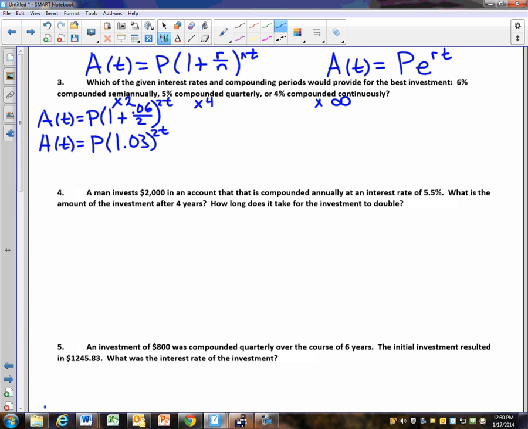Let's write an equation for the second one. The amount at time t is equal to the principal times 1 plus the rate, 0.055 divided by 4, raised to the 4t. Oh, I'm sorry, I'm doing the next problem's 0.055.